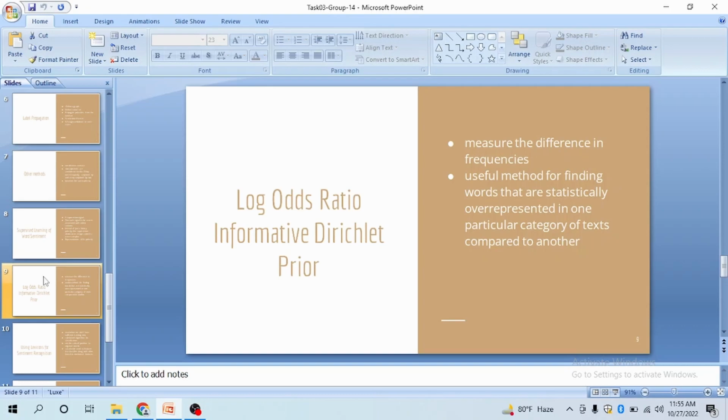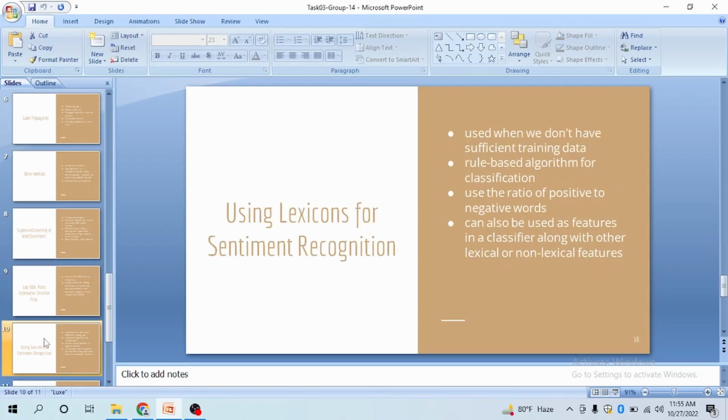Then we have the next, using lexicons for sentiment recognition. If supervised training data is available, the counts computed from sentiment lexicons, sometimes weighted or normalized in various ways, can also be used as features in a classifier along with lexical or non-lexical features.